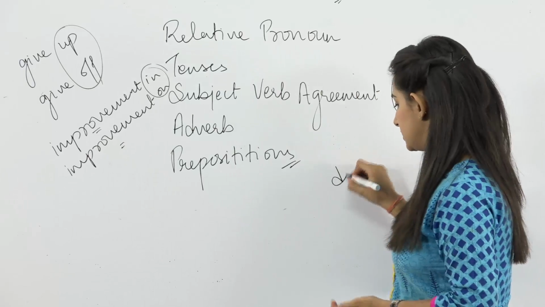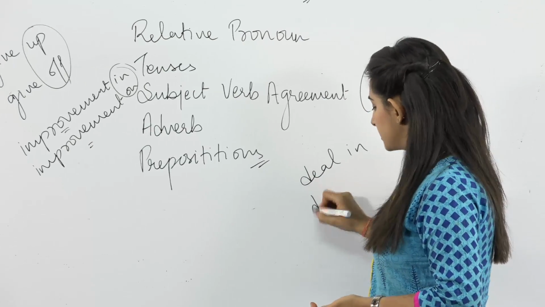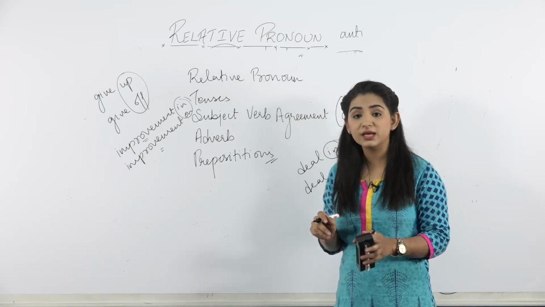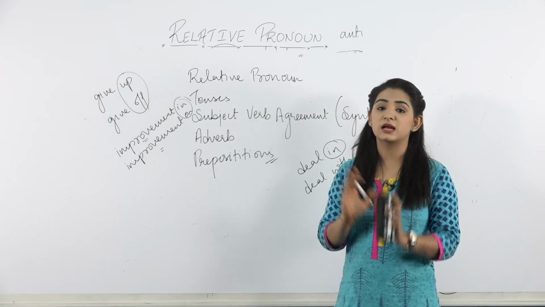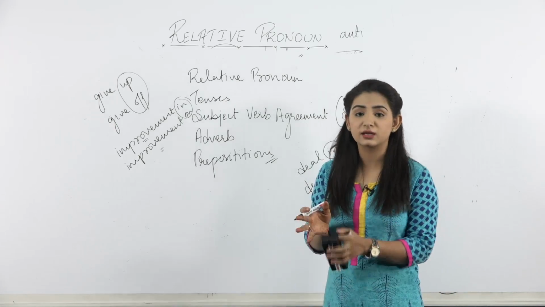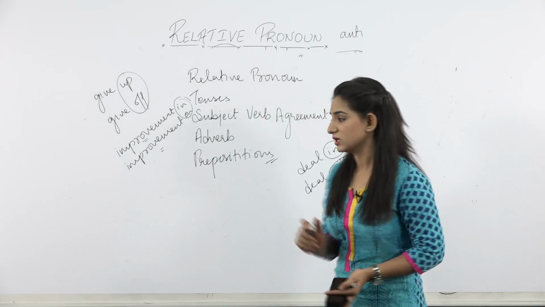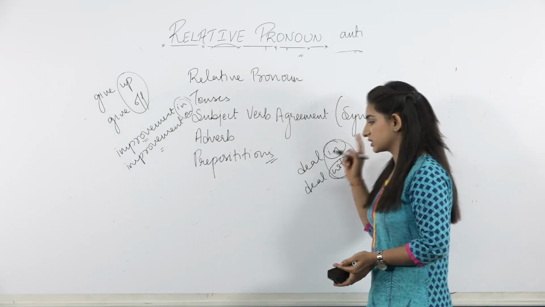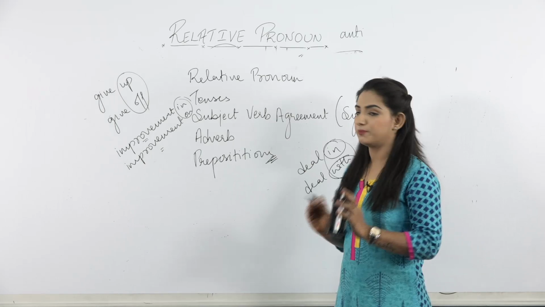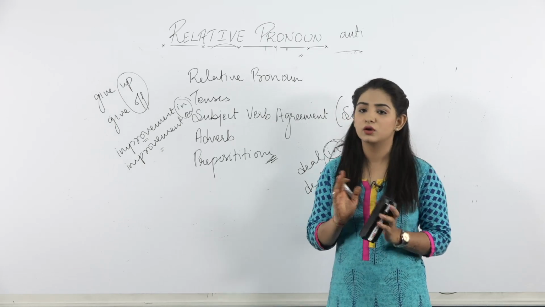For example, we can say deal in or deal with. When we use deal in, it means the goods and services that person is dealing in. And if I use deal with, it means the partner of that person in the business. So prepositions are the words which can change the meaning of the main word. So be very particular about the prepositions, where to use it and where not to use it.